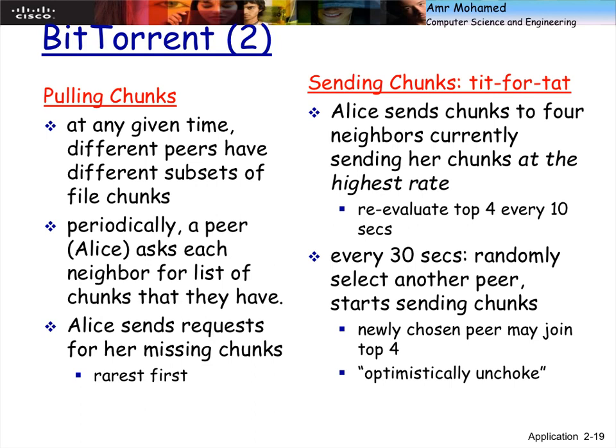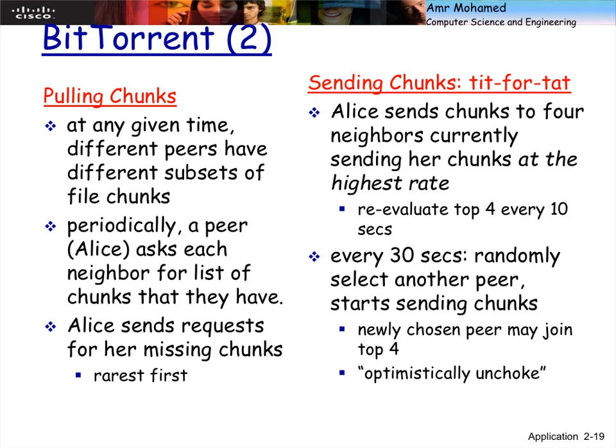They have found that for pulling chunks, each peer should be sensitive to the rarest chunks. In other words, if I know that chunk number X exists in the fewest number of peers, I should start with this.